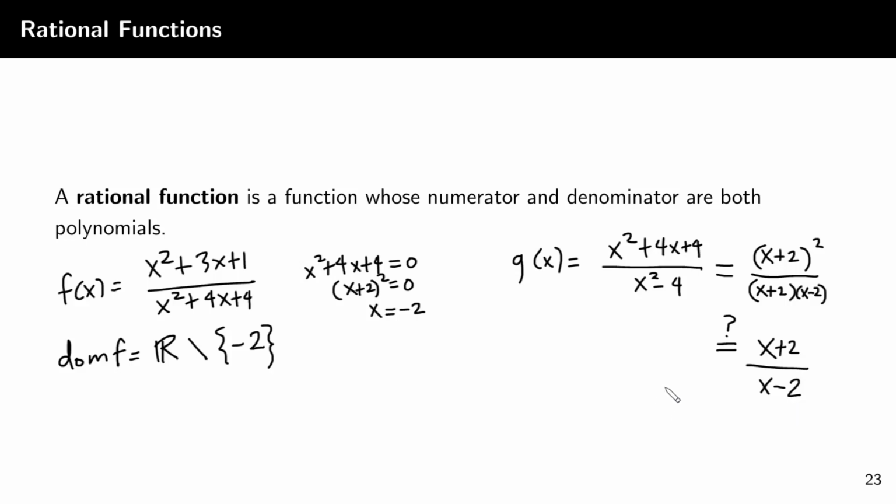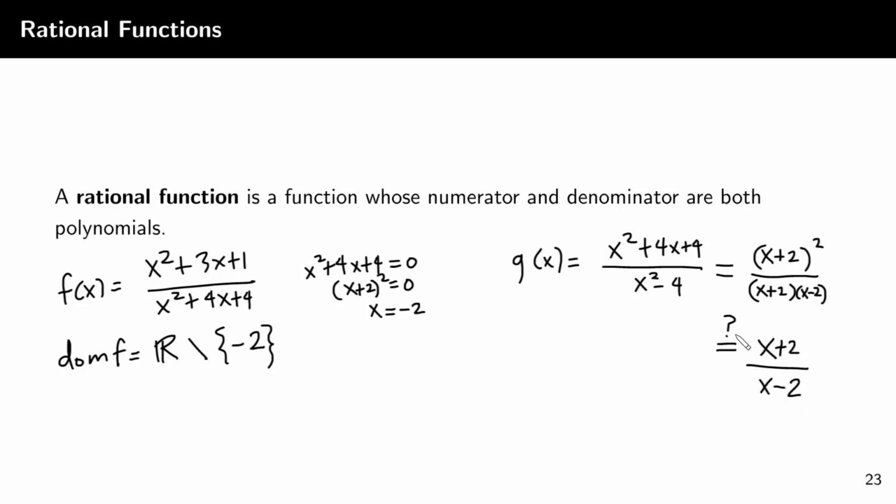Okay. So, at first glance, it looks like they are the same. Since if we cancel x plus 2 in the numerator and x plus 2 in the denominator, ang makukuha natin ay x plus 2 over x minus 2.